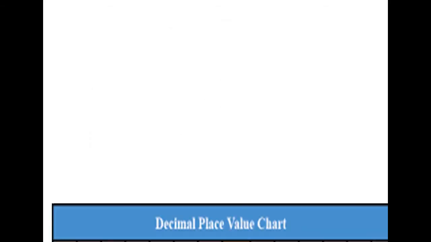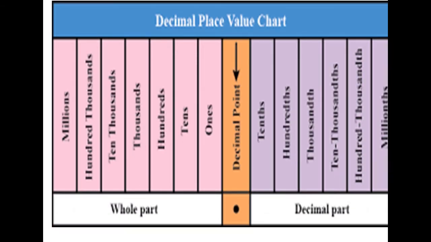Children, as I have told you, there are two parts. One is the decimal part and the other is the whole part. When you talk about decimal numbers, you will be seeing two parts.